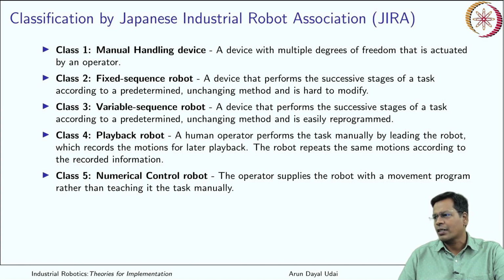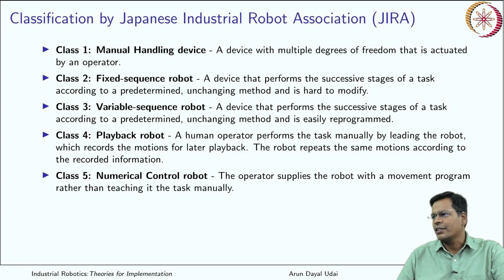Then class 5 is a numerically controlled robot. The operator supplies the robot with the movement program rather than teaching the task manually. This is excluding the other classes like the playback robot, class 4.